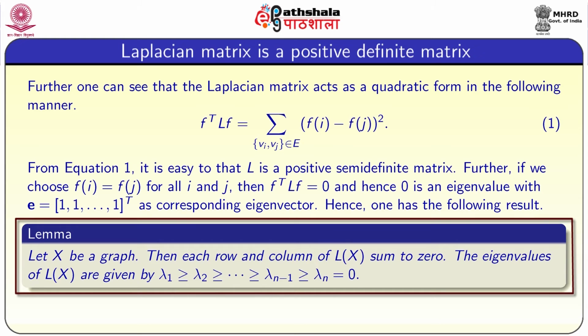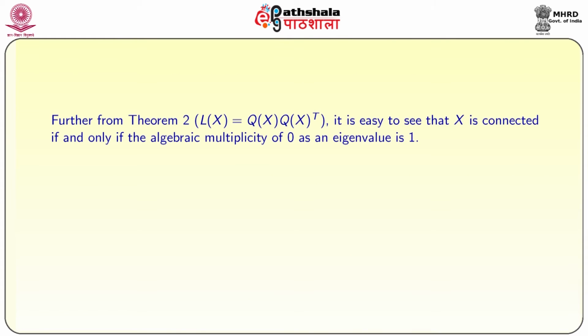From theorem 2, that is L(X) equal to Q(X) into Q(X) transpose, it is easy to see that X is connected if and only if the algebraic multiplicity of 0 as an eigenvalue is 1. It is because we already saw that the rank of Q(X) is n minus 1 whenever X is connected.